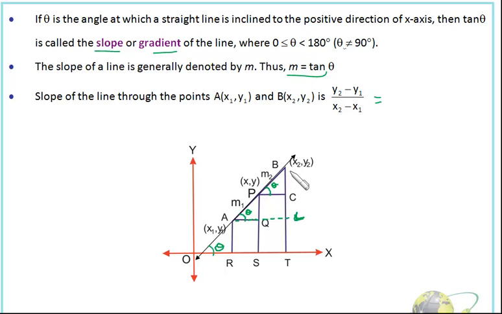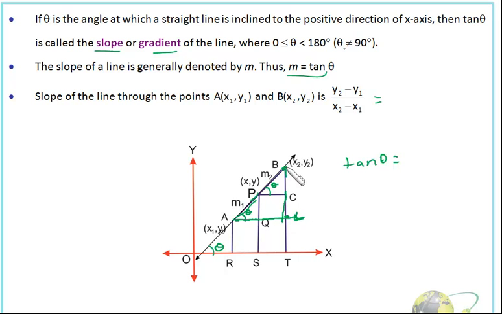Now in this triangle, I'm just considering this triangle, this angle is theta. And this line is passing through 2 points (x1, y1) and (x2, y2). Now according to trigonometry, tan theta will be what? Perpendicular by base. Now perpendicular is this length.